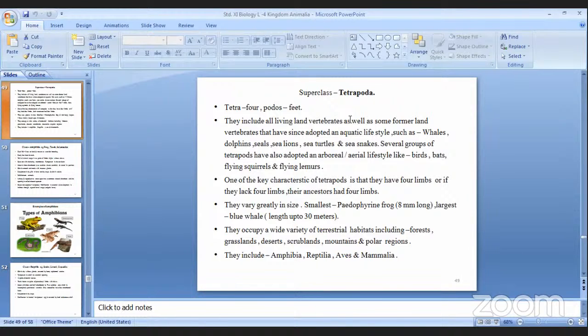Let's understand each and every characteristic here. They include all living land vertebrates as well as some former land vertebrates that have since adopted an aquatic lifestyle. What does it mean? That they are actually land organisms, but due to some reason or the other, they have adapted to an aquatic life, such as whales, dolphins, seals, sea lions, sea turtles, and sea snakes.